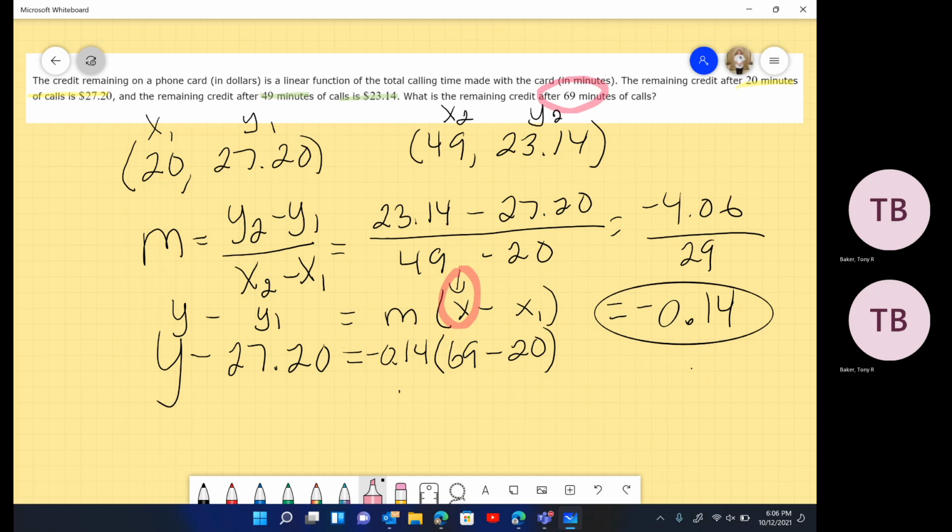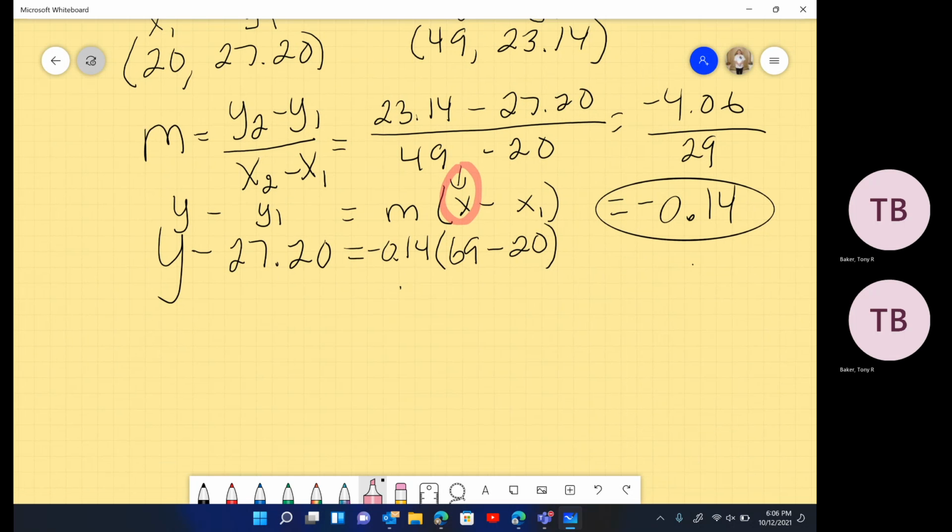So I do calculator. Clear. 69 minus 20 times 0.14. So I get y minus 27.20 equals negative 6.86.